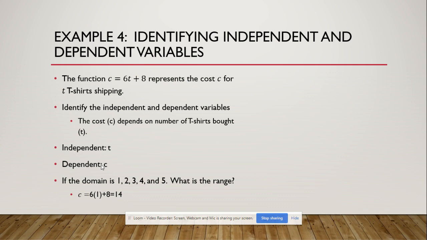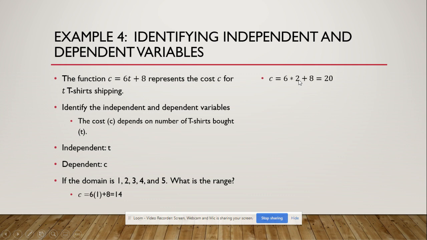Okay, so essentially what they're doing, they're giving us values for t, and they want us to find all the values of c. So that's what I've done right down here. I took this 1 and I put it into the equation. I replaced t with a 1. And then I found out that if you buy 1 t-shirt, the cost is 14.